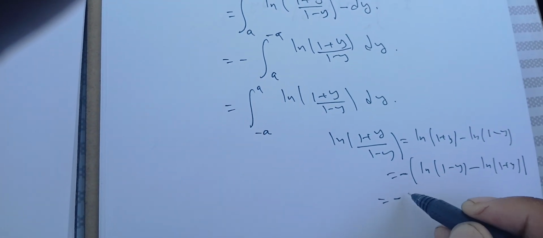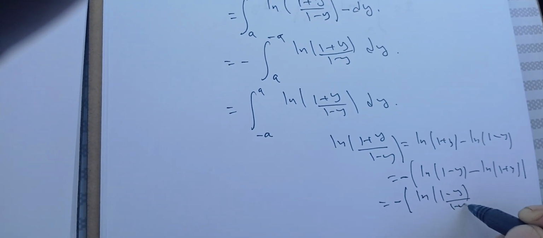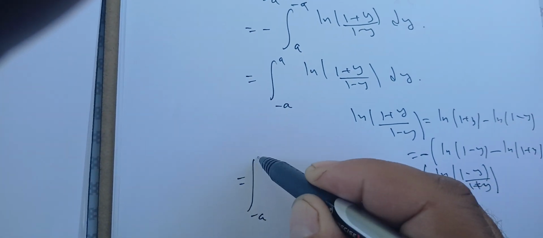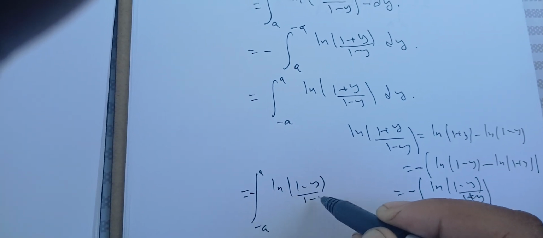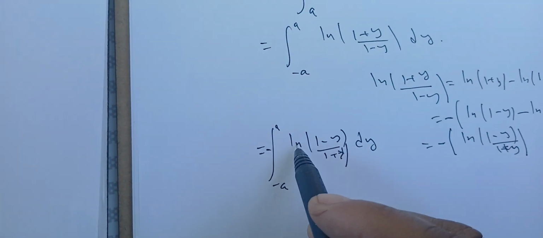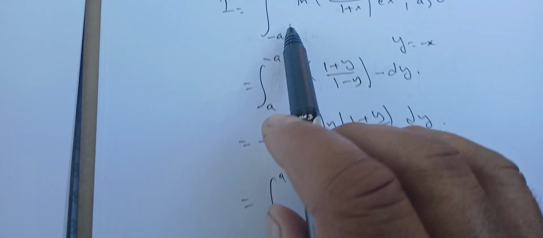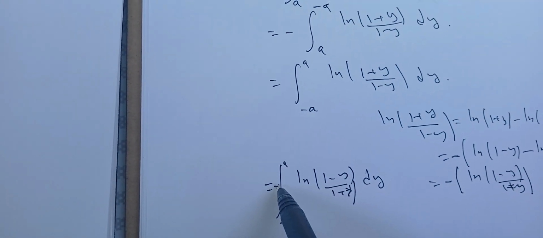And therefore, we have this minus, the natural log of 1 minus y over 1 plus y. Therefore, our integral is going to be minus the natural log of 1 minus y over 1 plus y dy. And we clearly see that this is the same as the first one with the minus sign.